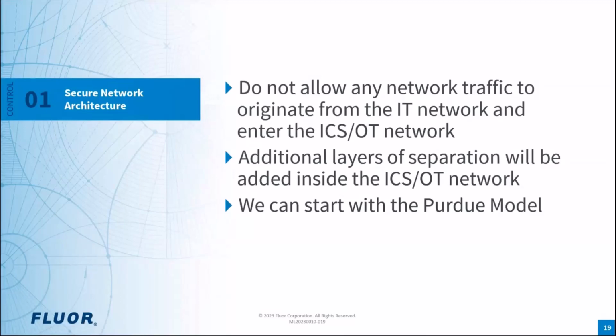That way we're not just segmenting the entire operation between IT and OT, but we're further segmenting the OT network into additional layers of protection. So we have the Purdue Model, which helps us define different layers in not only IT, but the OT environment. And then we can define how we allow communication to happen between these layers.